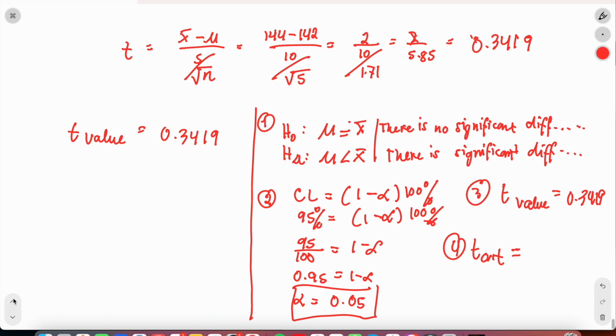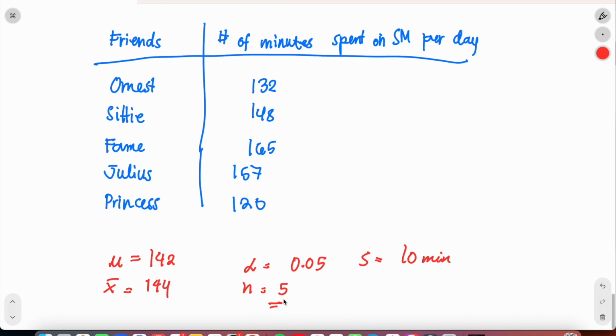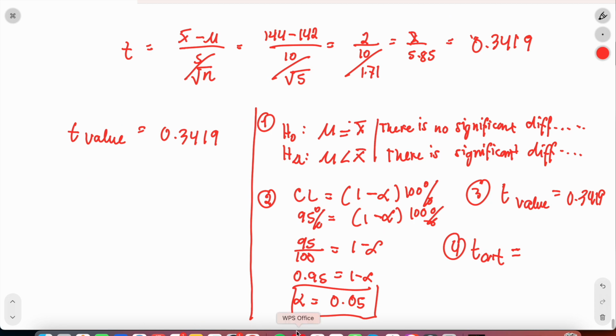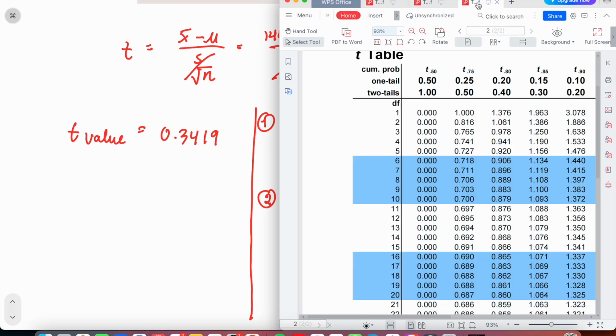So we know that since this is less than 5 and this is t distributed, we have df equals n minus 1. So the degrees of freedom is 5 minus 1, which is 4. Let's go back to our t table here.